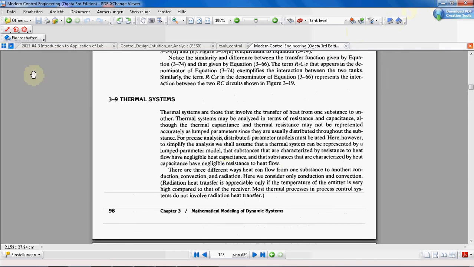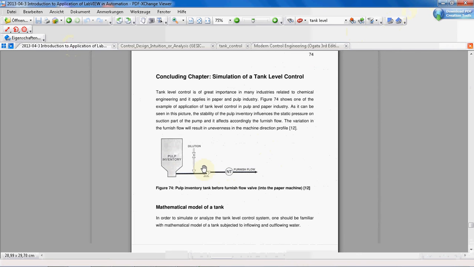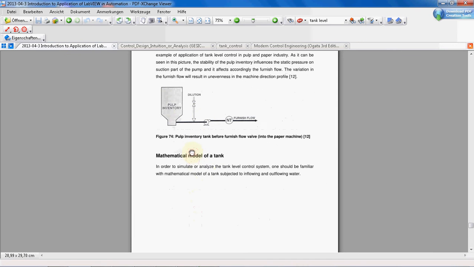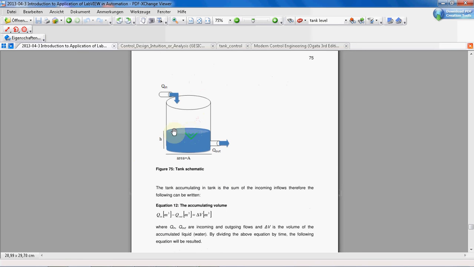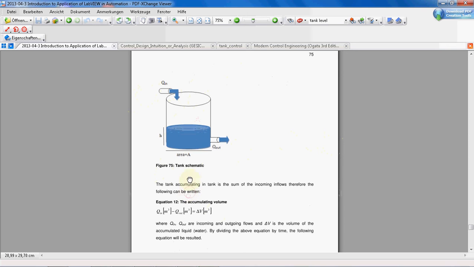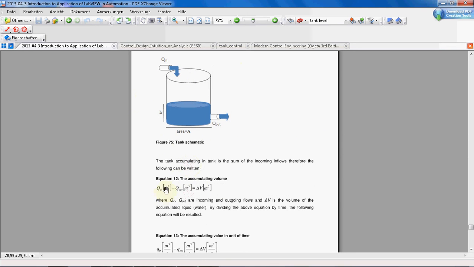Okay, we go to our work. Before starting making the program, we have to get familiar with the mathematical model of a tank. This is a tank. See, there is an incoming flow and there is an outgoing flow, a drainage system.